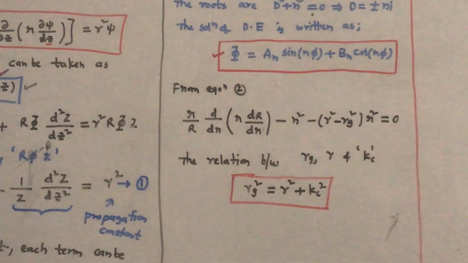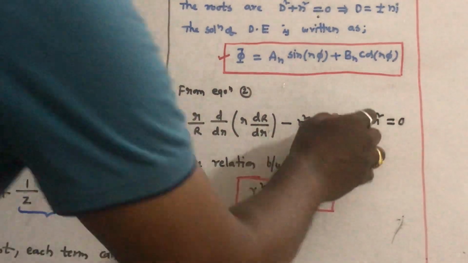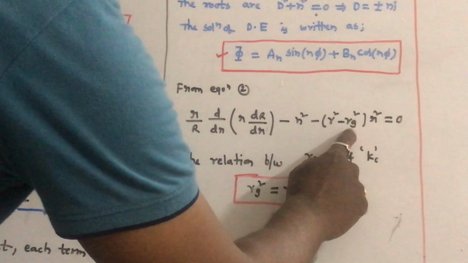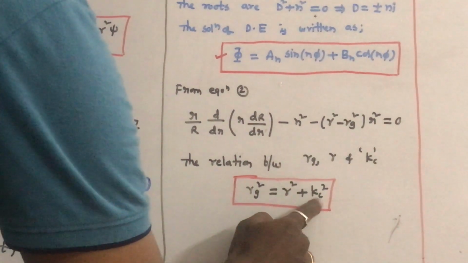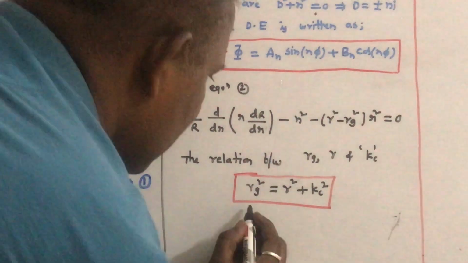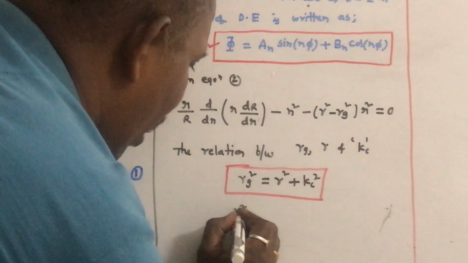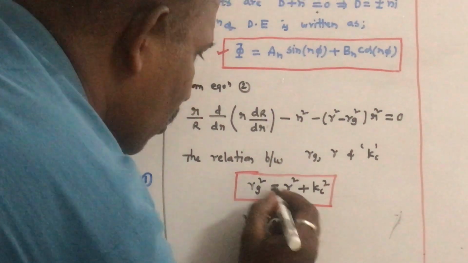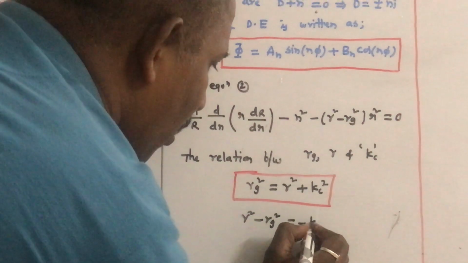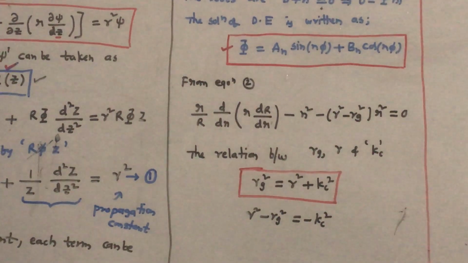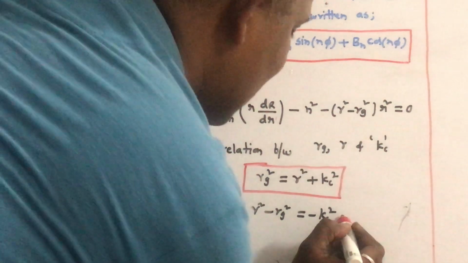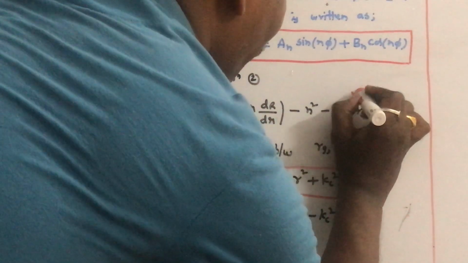So we want this relation: gamma square minus gamma g square will come out as minus kc square. So therefore we can substitute minus kc square here.